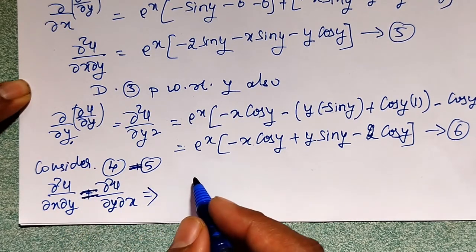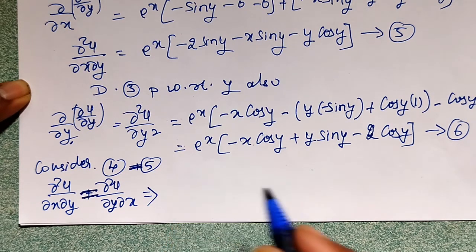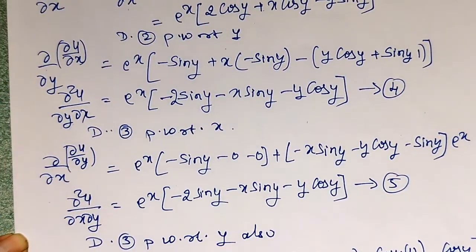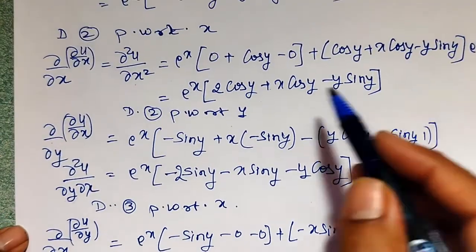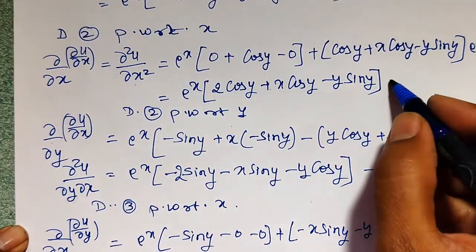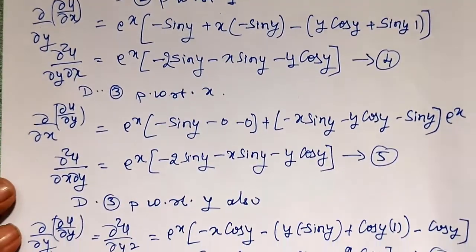Whereas, the second order partial derivative with respect to both x and y, I will call equation number 4 and 5. This one also is there, one more equation, that is ∂²u/∂x². You can call it equation number 7, and 6. If you add, you will get the same.